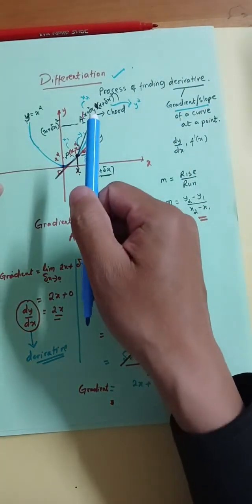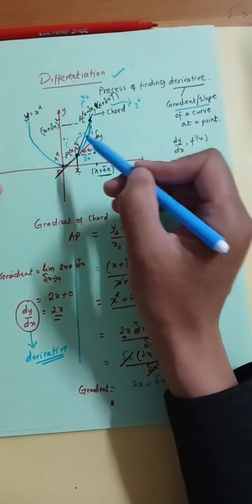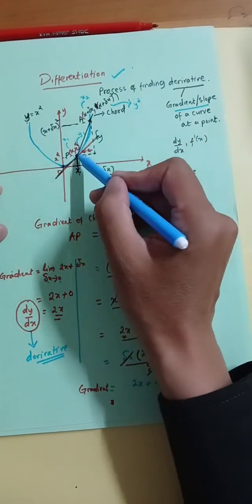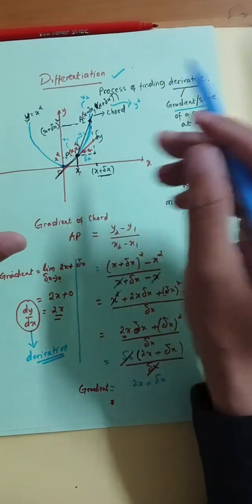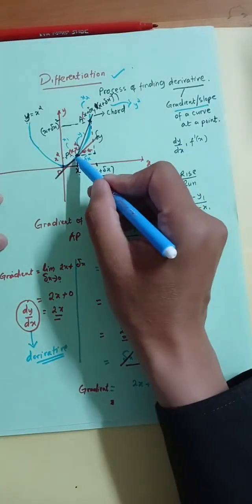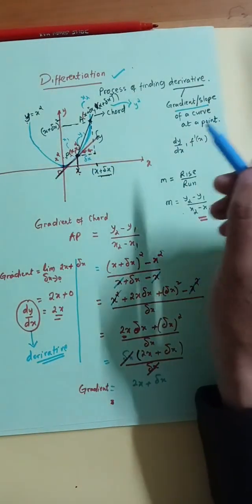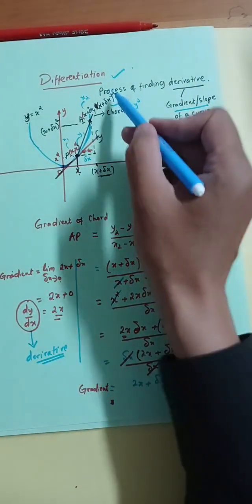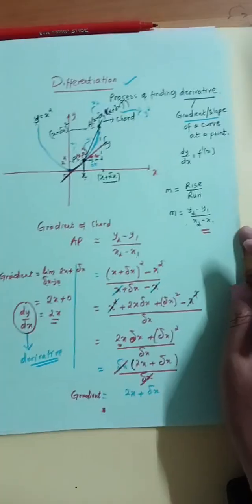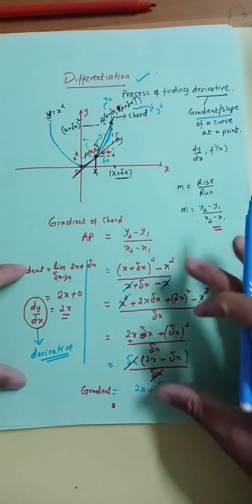The slope of a curve at a point is the derivative, and the process is called differentiation.